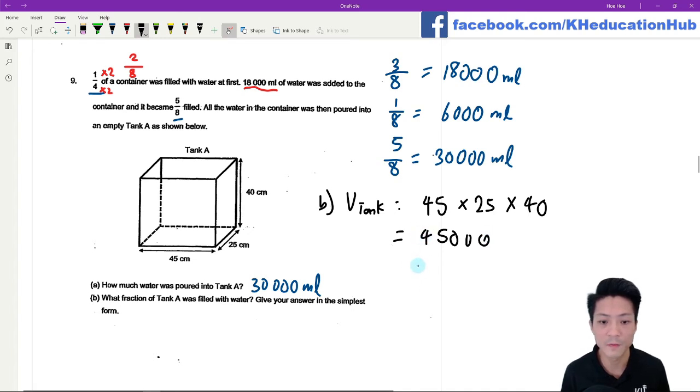So to find the fraction of tank A that is filled, it will be 30,000 over 45,000. Change it to the simplest form, remove all the zeros, divided by 5, divided by 3, it's gonna give me 2/3.